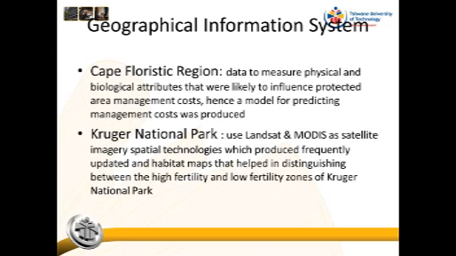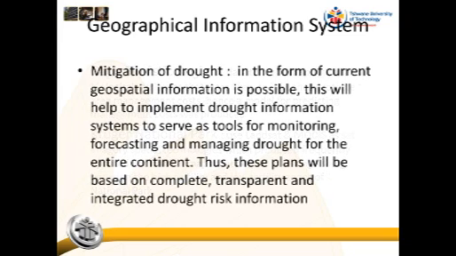We say Cape Floristic region, but this falls between the Western Cape, the Northern Cape, and the Eastern Cape. It's just somewhere in the region there. So the three provinces are covered. The mitigation of drought through GIS is also done in such a way that if we can manage drought, then there's no way in future we can talk about hunger and poverty, because ICT will be giving us a proper way to deal with the risk there.